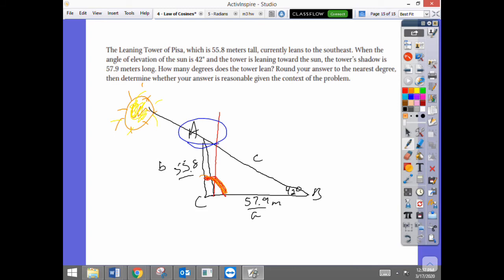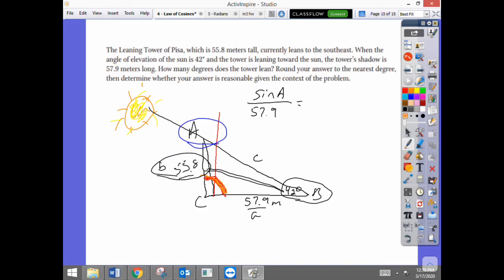So I would say the sine of A is equal to its opposite side, 57.9, over its opposite side, okay, is equal to, and the law of sines is really helpful because now I know both big B and little b.